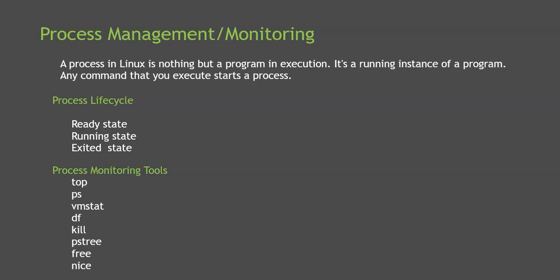Now we should understand the life cycle of a process. Every process has a life cycle: first the ready state, then the running state, and the exited state. For example, in the real world, multiple users, not only a single user, will connect to the machine and try to execute commands.